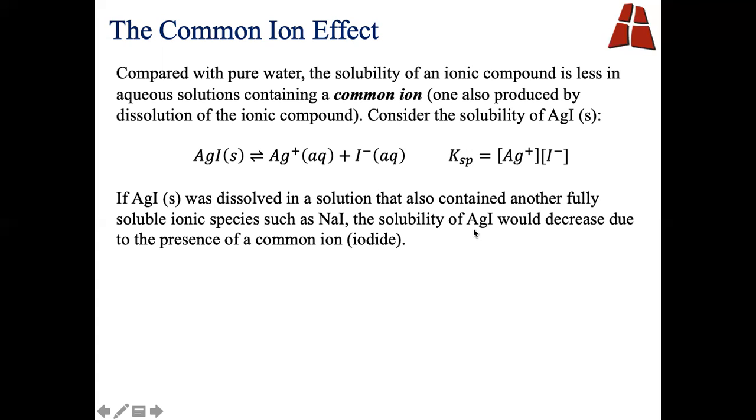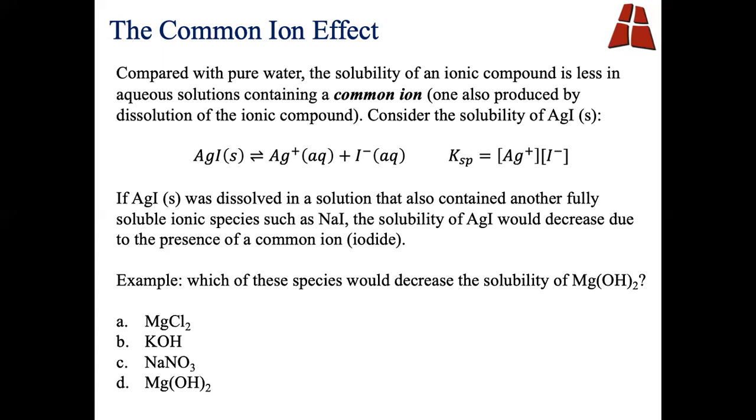We can think of that in terms of our equilibrium and Le Chatelier's principle: if we're not starting with a concentration of 0 iodide on our product side, we're going to move our reaction to the left, towards our reactants. So a common ion will decrease the solubility of a sparingly soluble salt.